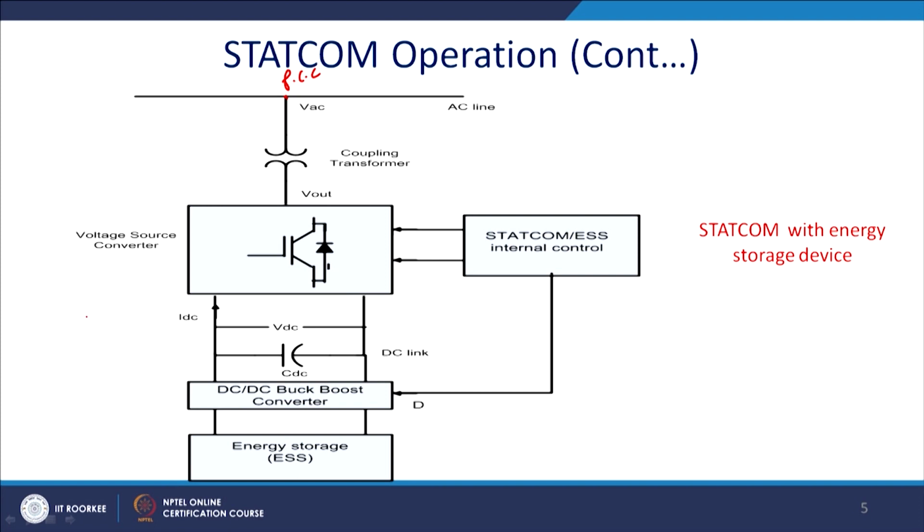This is basically a current controlled voltage source converter, and we require a DC link voltage, which may be fed from an energy storage system or the solar system. That will basically act as a synchronous generator, a Statcom with storage energy devices. Nowadays this is being put into practice.